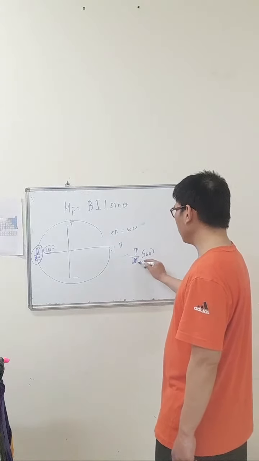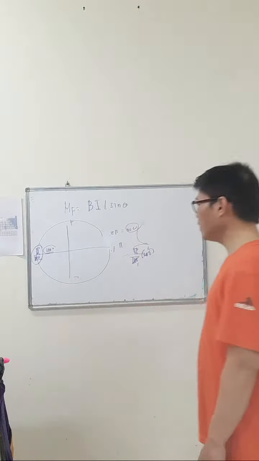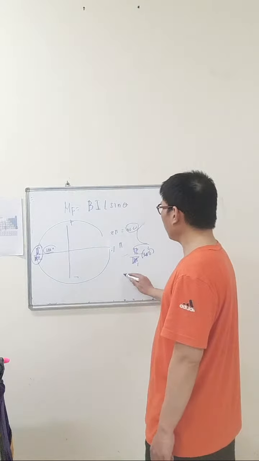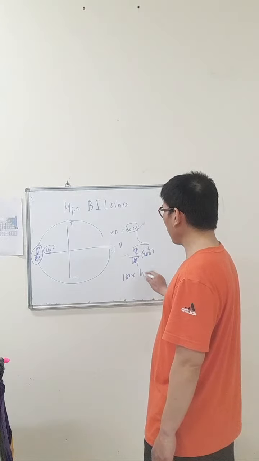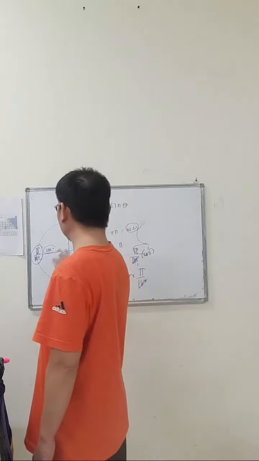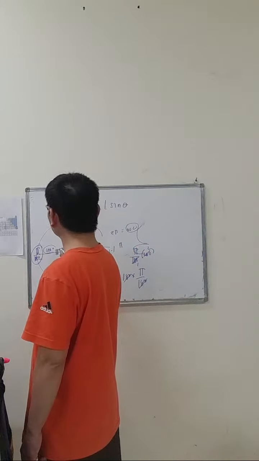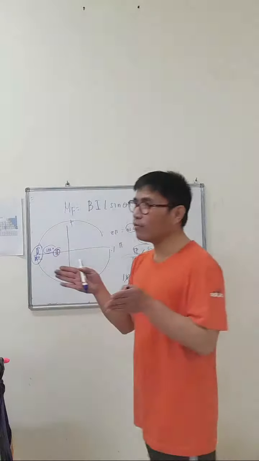So 1 cancels 2. That's why 2 pi is 360. Now, 180 times pi over 180 cancels. So your half here, your 180 degrees, is also pi. Okay, 180 degrees is equivalent to pi.